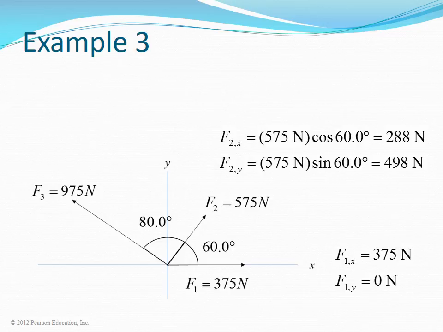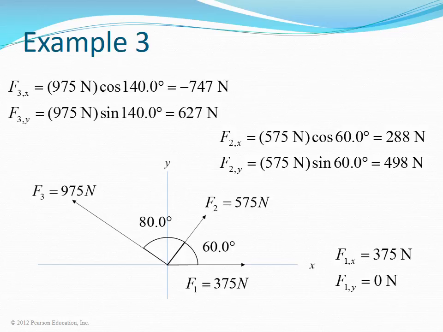Since the angle 80 degrees is measured from F2, we must add 60 degrees to find the standard angle of F3, which is 140 degrees. This gives minus 747 newtons for the x component and 627 newtons for the y component. We notice that vector F3 is in the second quadrant and that the x component must be negative.